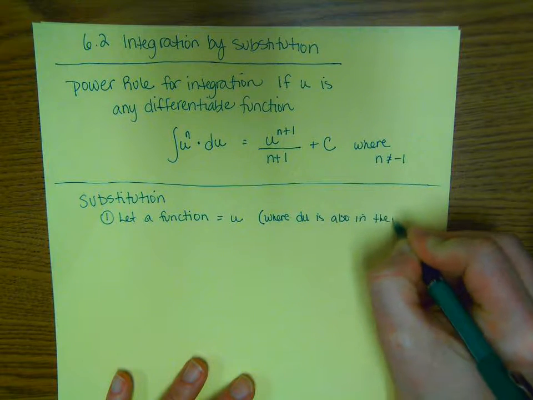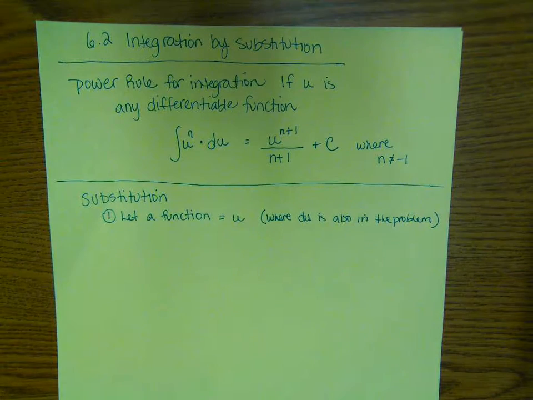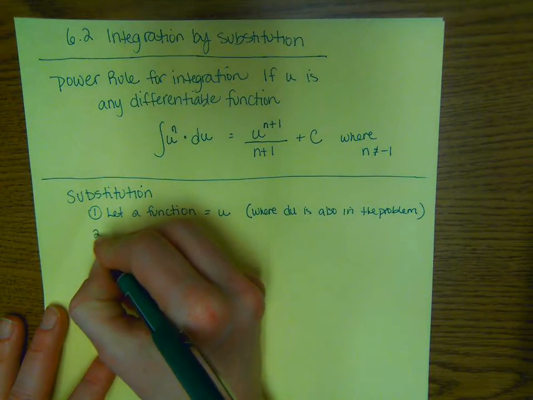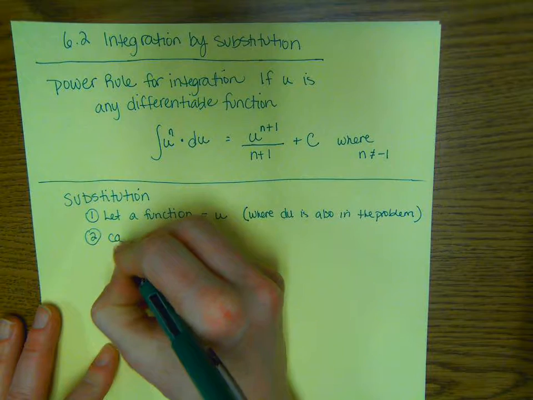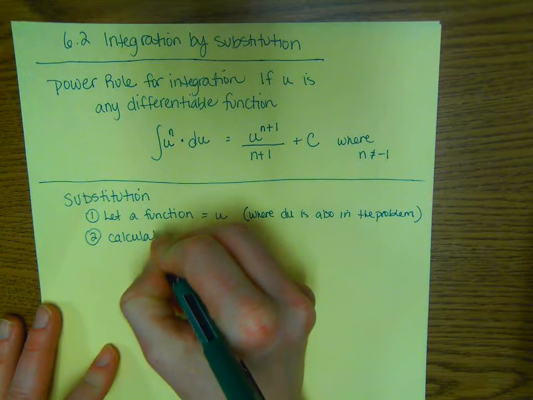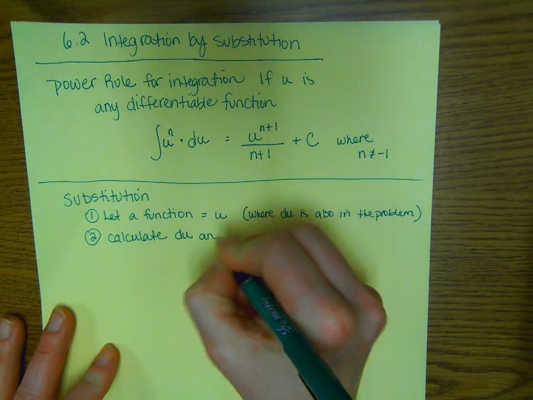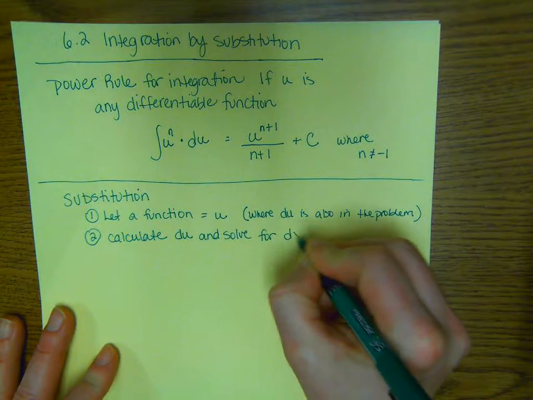So you're kind of trying to look forward, because you're trying to let u be a function where you also see its derivative somewhere in there, okay? What you're going to do is make sure we calculate du and solve for dx. And you'll see what I mean in a second.